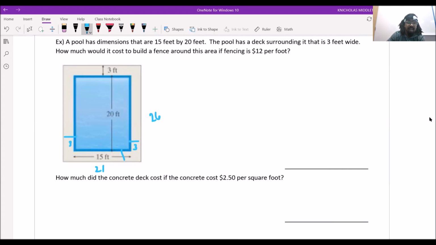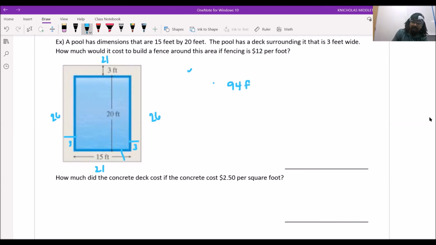Now it says how much would it cost to build a fence around the area? Well, $12 per foot. Let's see how many feet there are. 26 plus 26 is 52, 21 plus 21 is 42, 52 plus 42 is 94. So 94 feet is our perimeter.